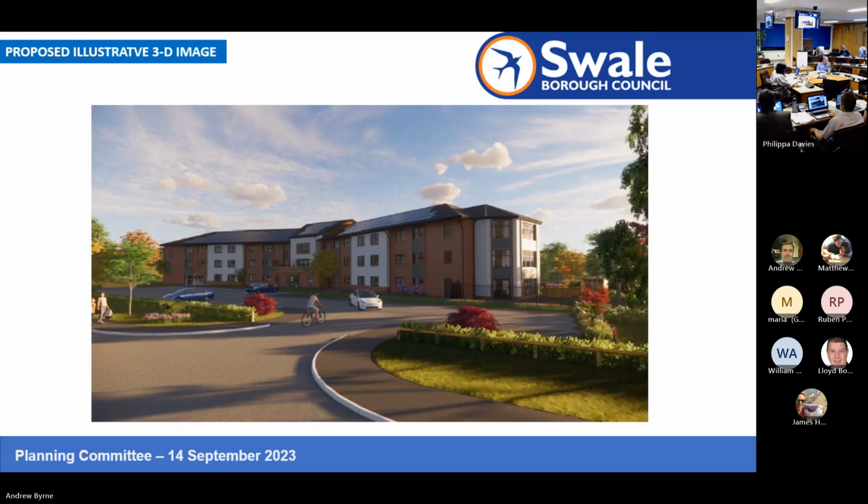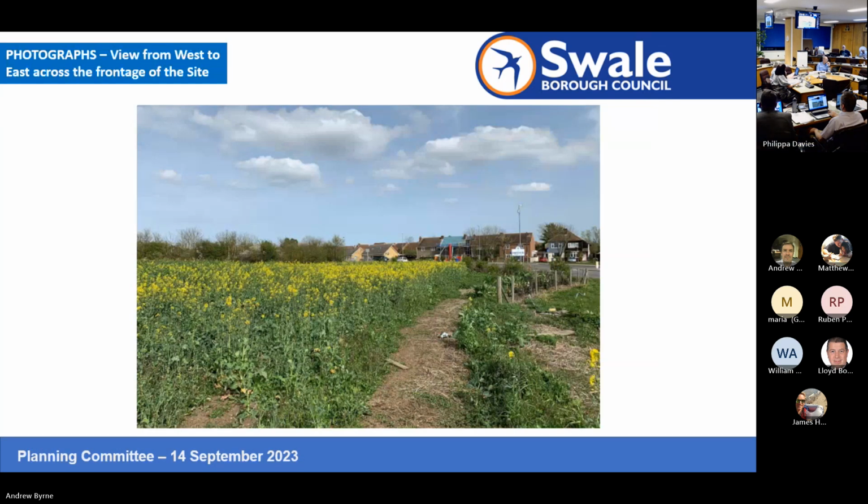Next, please. This is an illustrative 3D image of the care home when approaching the site. Next, please. Some photographs of the site. This is a view from the west of the roundabout, looking east across the frontage towards the existing housing along Barton Hill Drive.